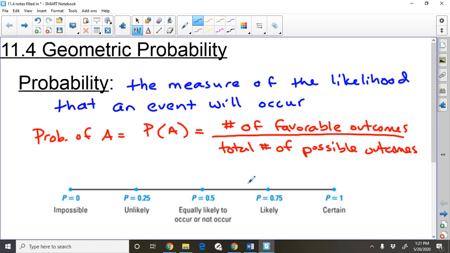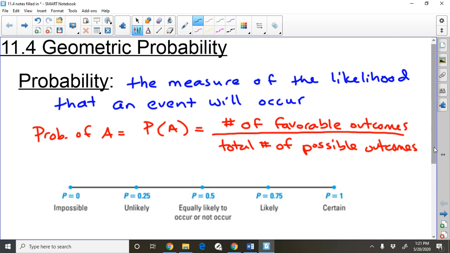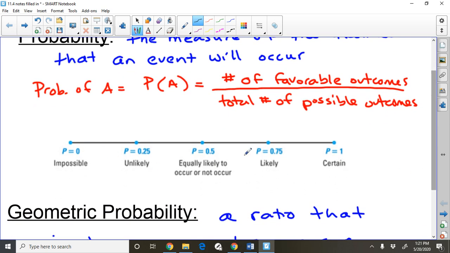You guys know that if you have a bag full of marbles and there's 7 marbles in the bag and 3 are red, then the probability of picking a red is the 3 favorable outcomes, the 3 red marbles, divided by the total 7 marbles in the bag. So it'd be 3/7.